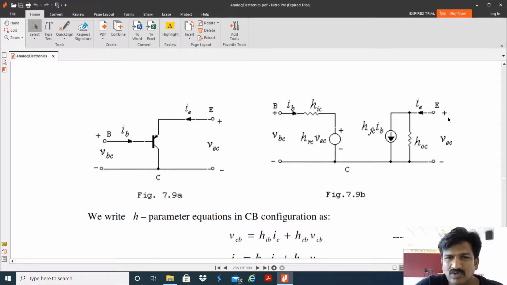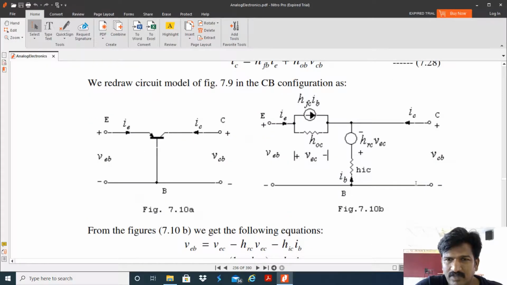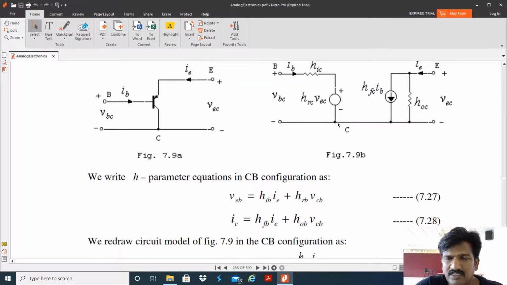What to do? Just extend this to the ground. The base is connected to ground. When the base is connected to ground, the IB direction goes upward. You should understand what happens when it is connected to ground.